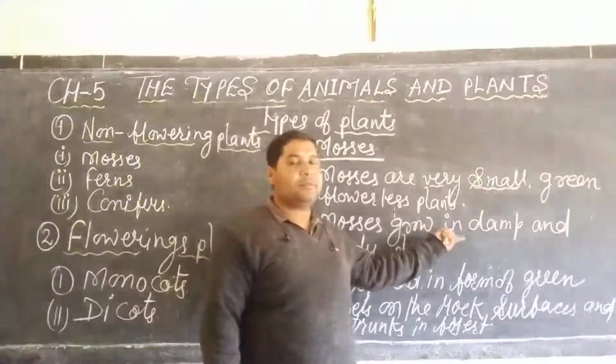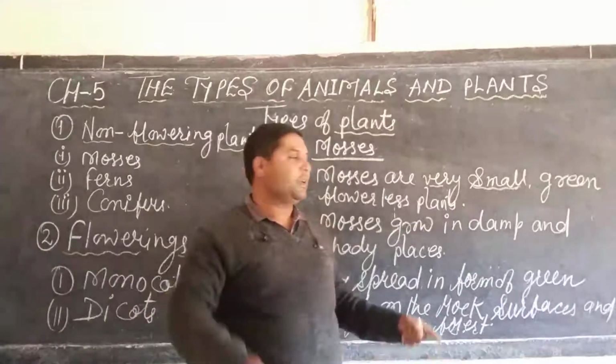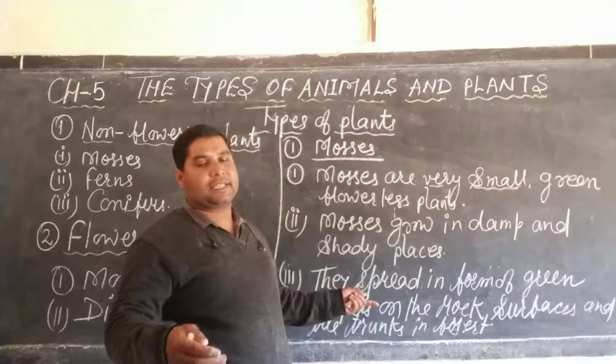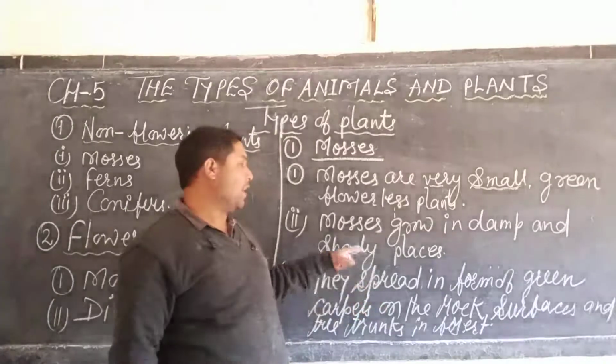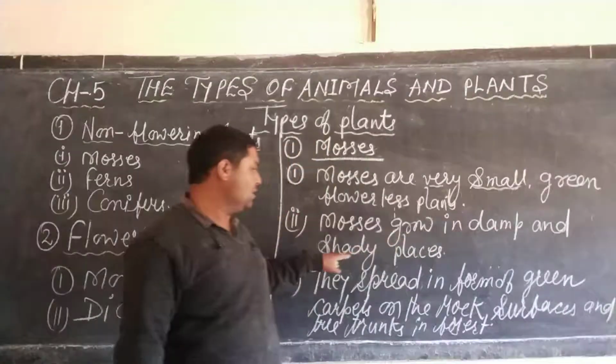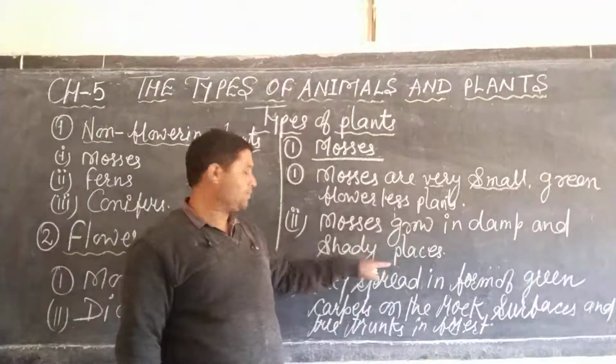What do you mean by damp? Where there is moisture. And shady area means no sunlight can reach. Such a place is known as a shady area. So mosses prefer to grow in damp and shady places.